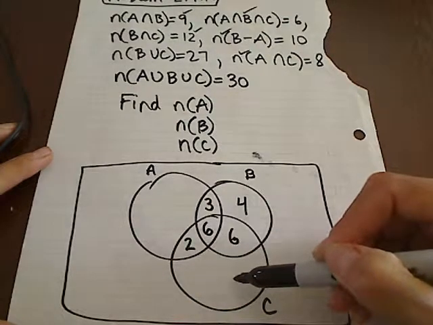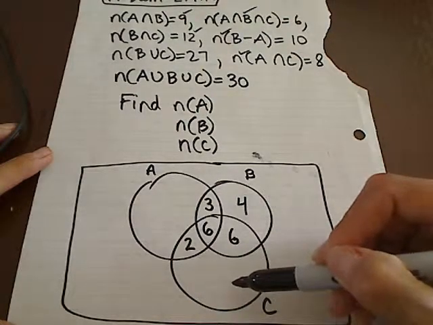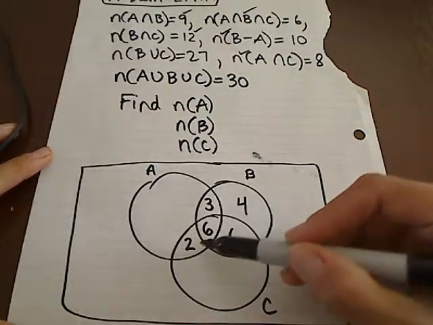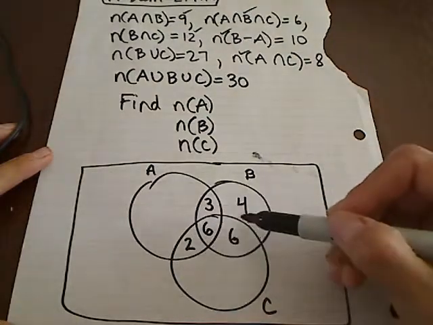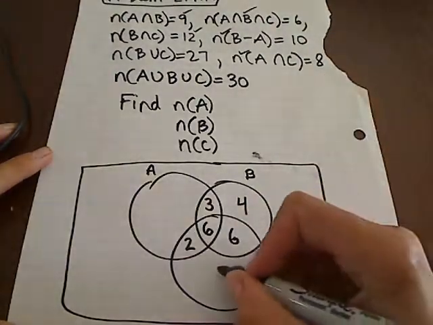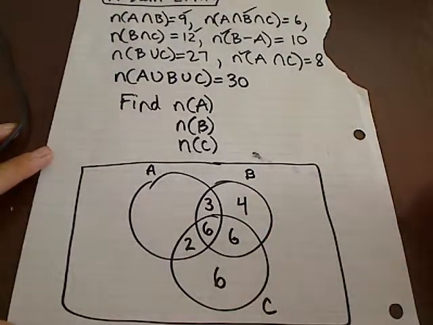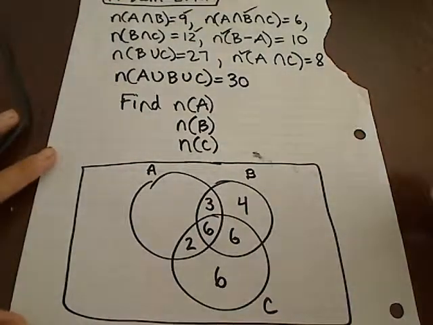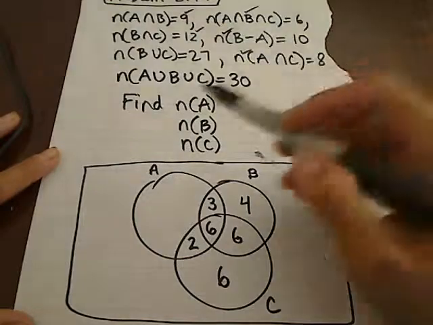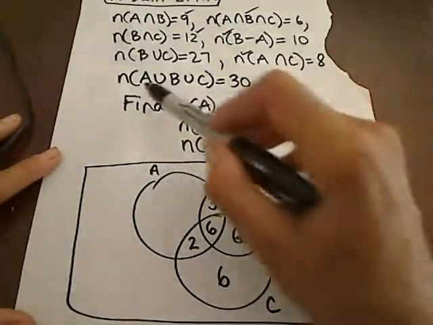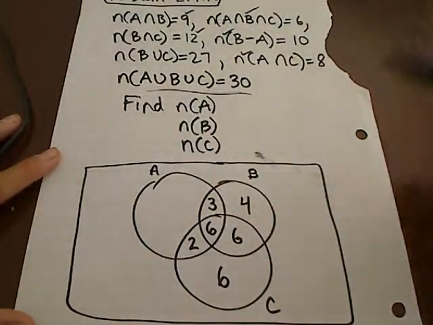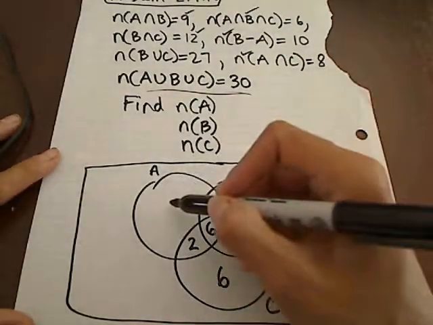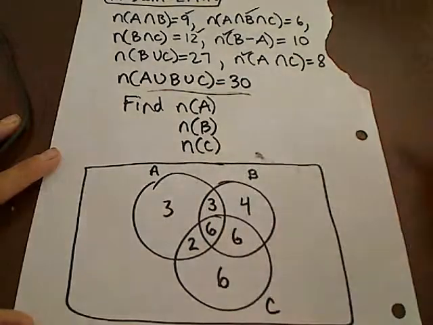If we add these up, this is 10, that's 19, 20, 21, 21 total. We need 27, so this must have 6 elements, or a cardinal number of 6. The last piece we can use is that the union of all of them has to be 30. We just saw that all of these were 27, so there's got to be 30 total, so this region has to be 3.